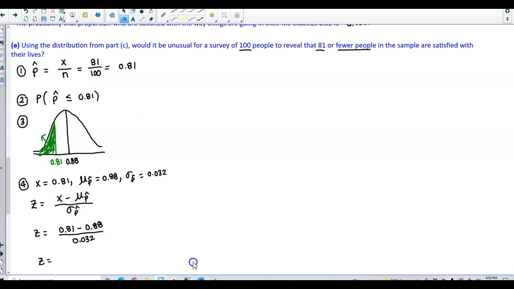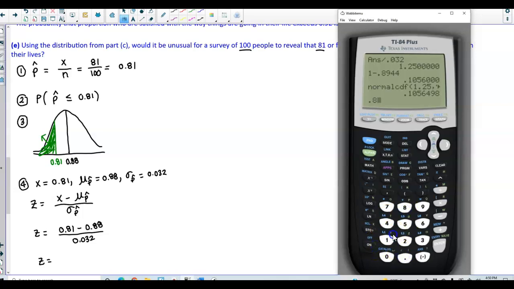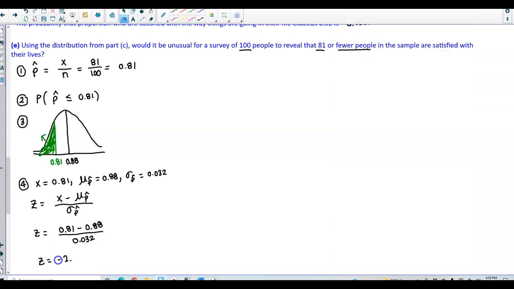So let's go ahead and do that on our calculator. So 0.81 minus 0.88, and then divide that by 0.032, which gives us negative 2.18, or 19, since we have to round it up. So it's negative 2.19.